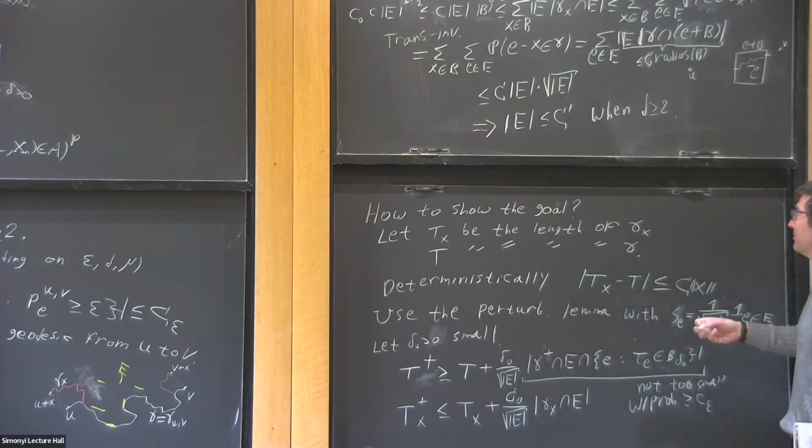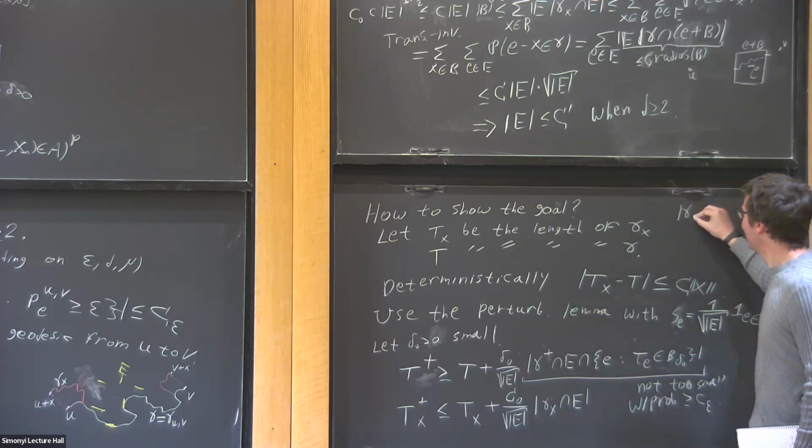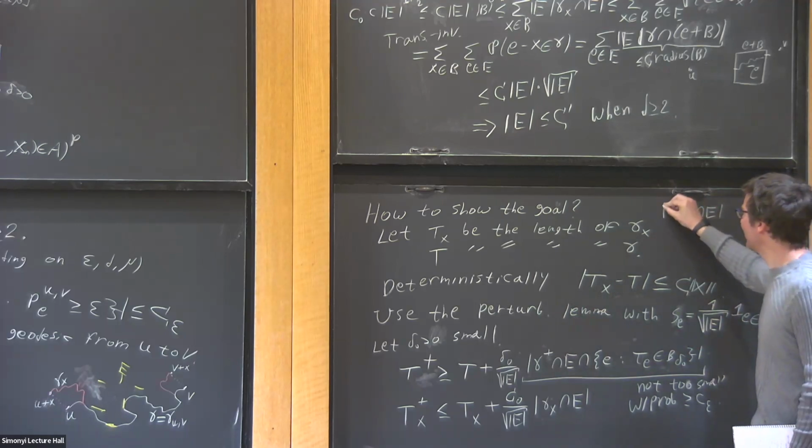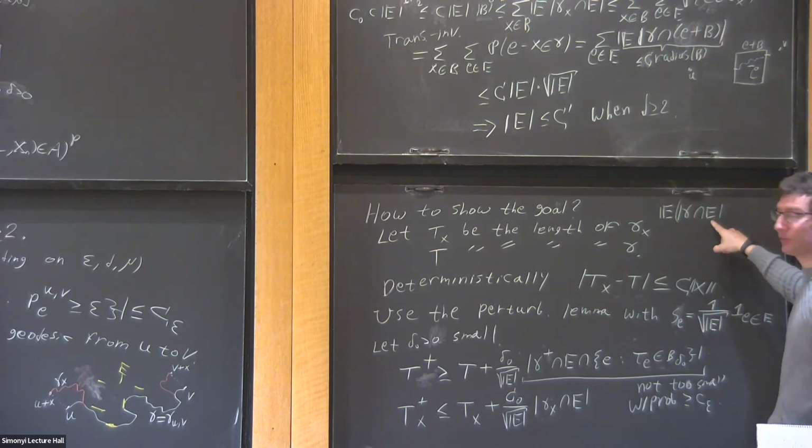Well, we can ask a simpler question. Does gamma intersect the set E a lot? Well, by definition, this is the set of influential edges for gamma.